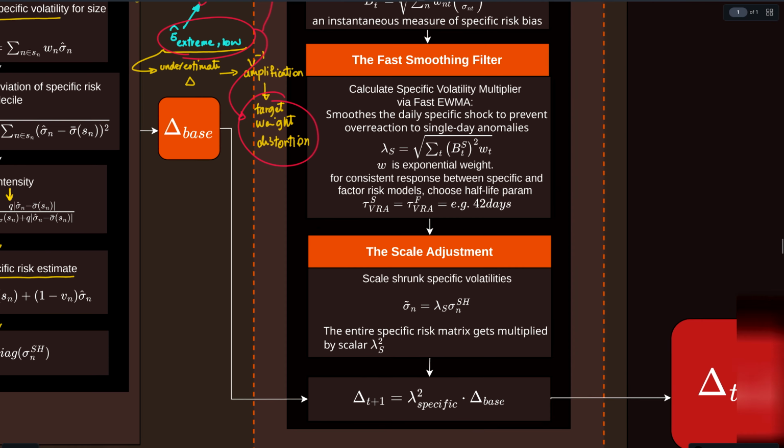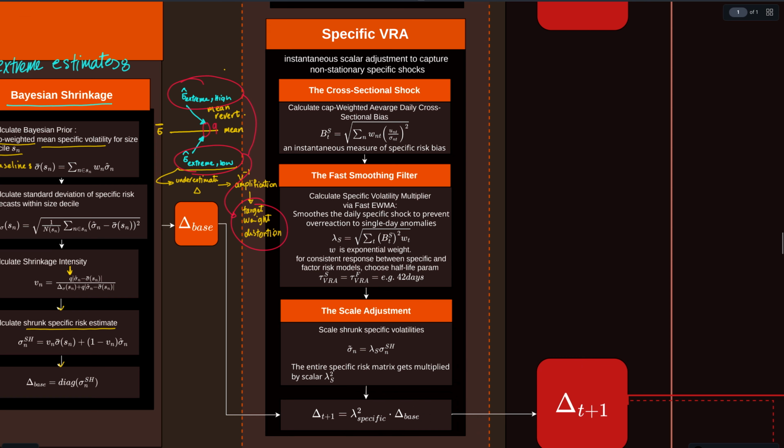And finally, just like the factor covariance matrix, we apply an independent specific volatility regime adjustment. Now, this is important.